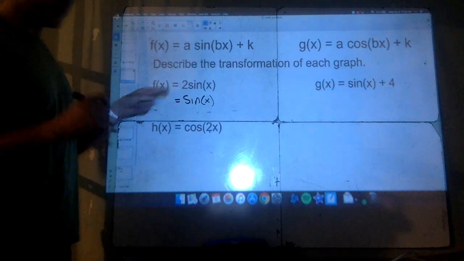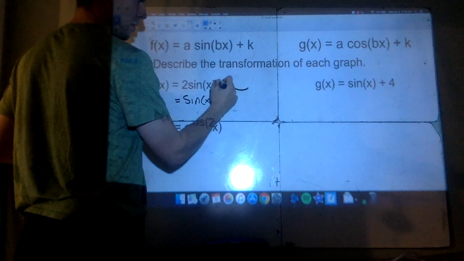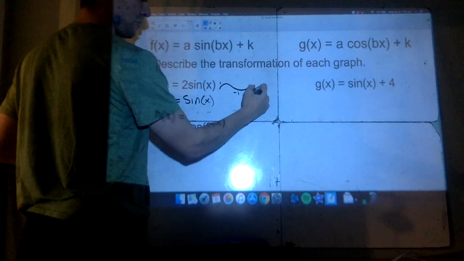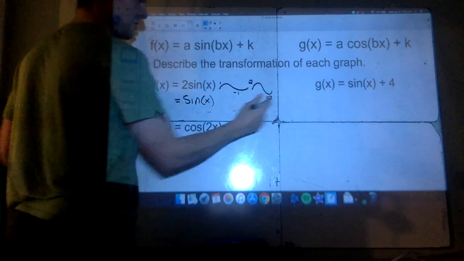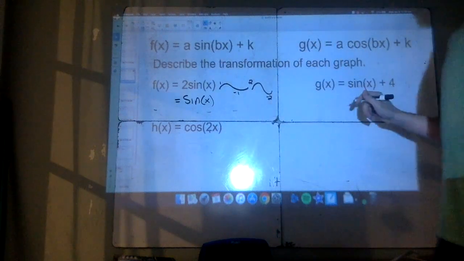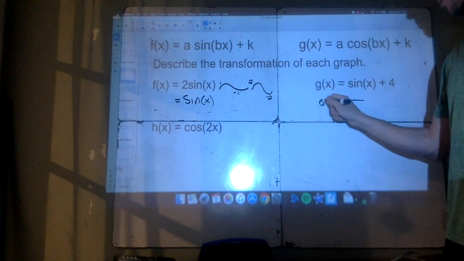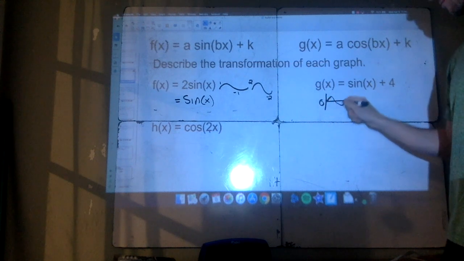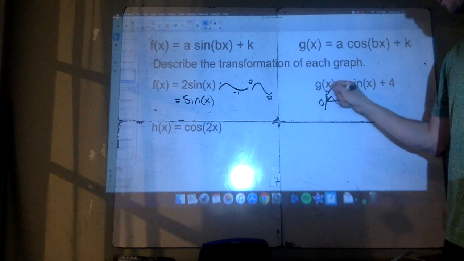All right, so this first one is, instead of going from 1 to -1, it went from 2 to -2. It changed the amplitude. For the second one, instead of being centered at 0, it's centered at 4.